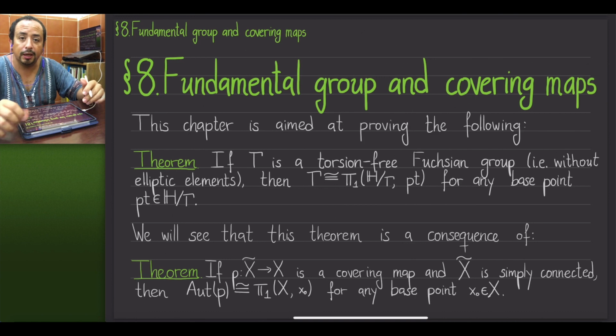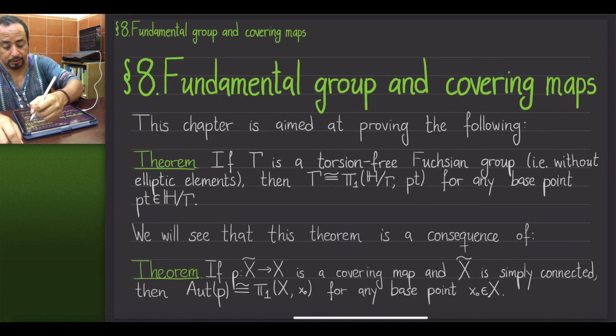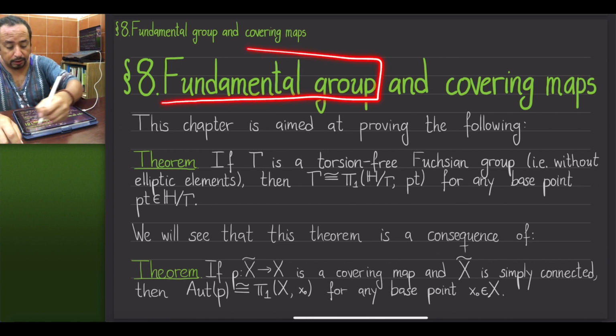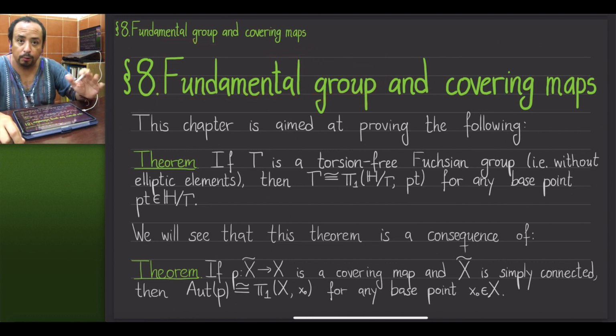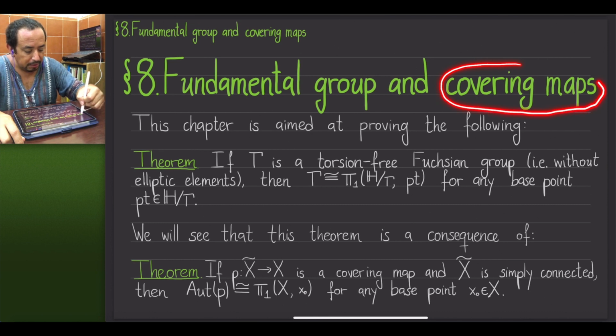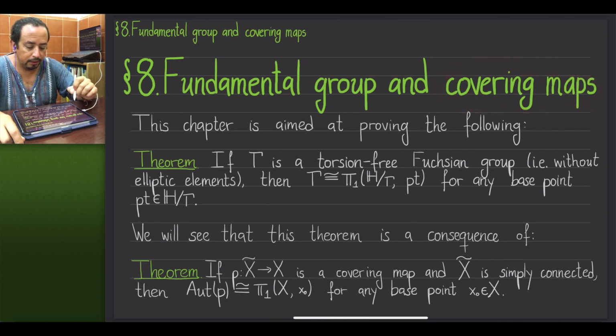In order to be as self-contained as possible, I am going to define the fundamental group and some basic notions, mostly without proofs, because the proofs are quite easy and you can find them in any standard book on algebraic topology. And I'm also going to talk about some basic notions from the theory of covering spaces.